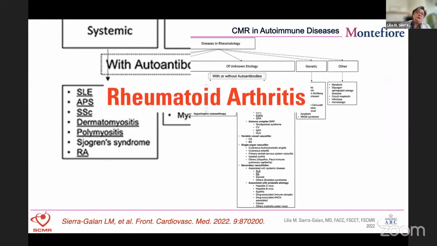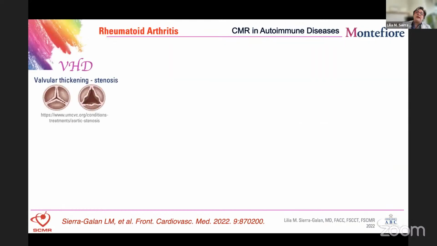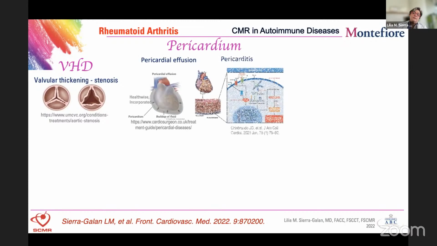Then we are going to talk about rheumatoid arthritis. And with the rheumatoid arthritis, we are going to have a very large spectrum of diseases, or the mechanisms. We're going to have again the valvular heart disease, where in this case we're going to have valvular thickening, and we could have stenosis. So maybe some of those patients that we call a degenerative aortic stenosis, maybe it's not, and maybe is related to the rheumatoid arthritis.